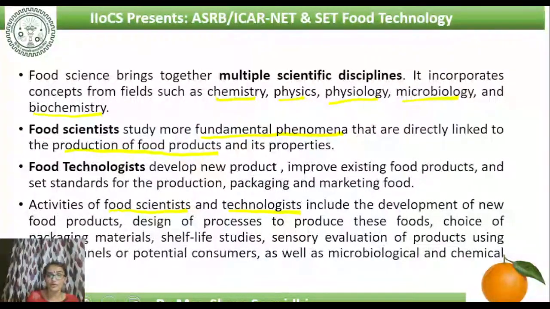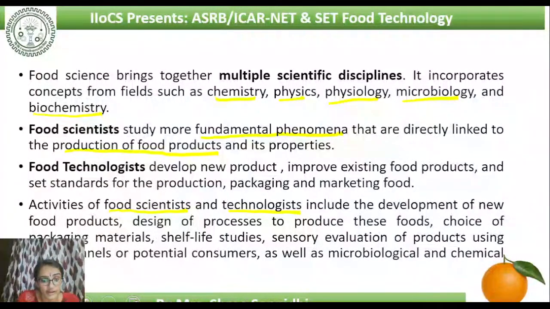As I told you, for a particular food product we have to choose exactly one suitable packaging material so that it will maintain the proper condition, as well as make sure that no microorganisms are entering inside, and also the consumer will feel the convenience to hold the packaging material. Okay, then shelf life studies.